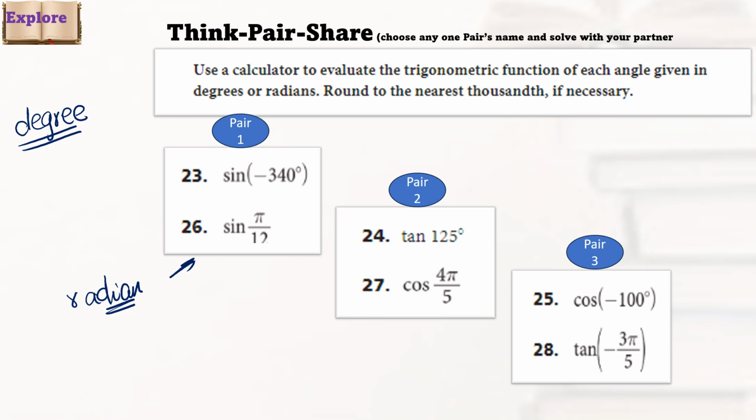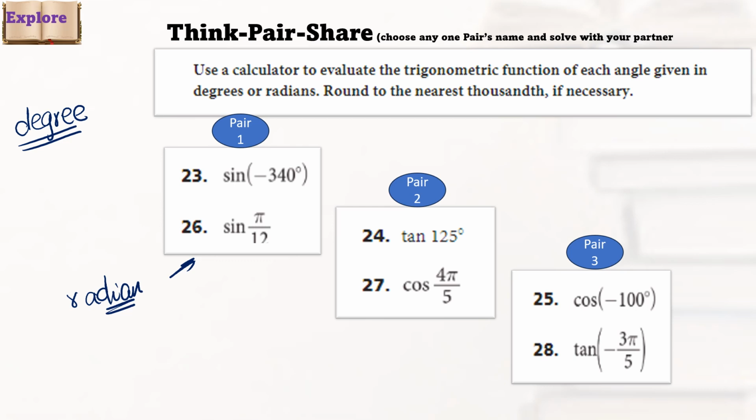So for example, let me write all the questions with degrees and then all the answers which are in radian mode. I am writing here sine negative 340 degrees.